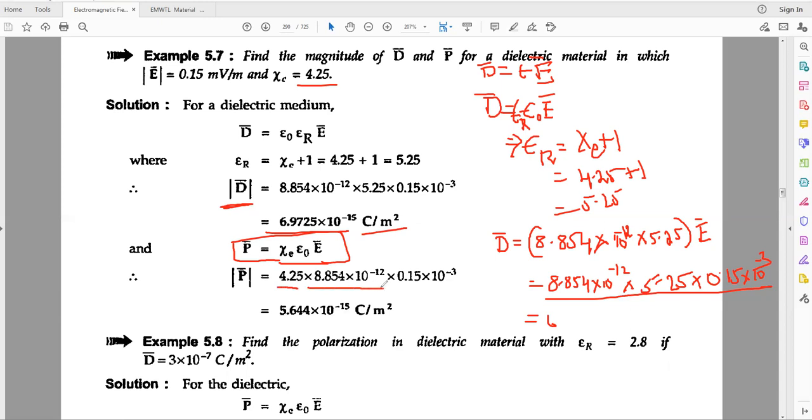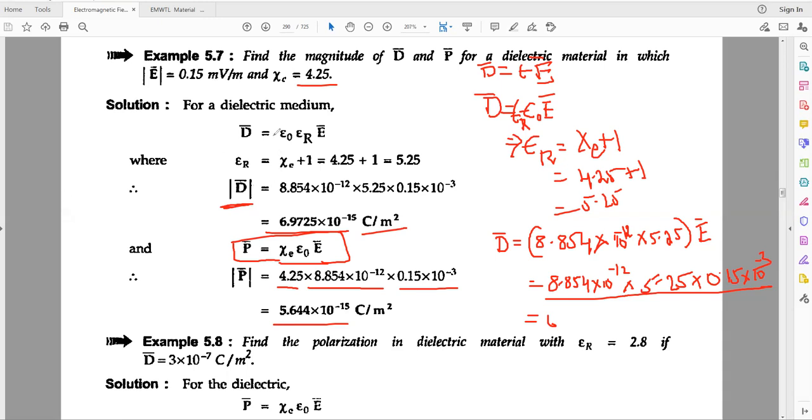Epsilon naught is a constant value, 8.854 into 10 to the power of minus 12. And E bar is given as 0.15 milli. You can calculate the function. You get 5.644 into 10 to the power of minus 15 coulomb per meter square, the magnitude of the P bar.